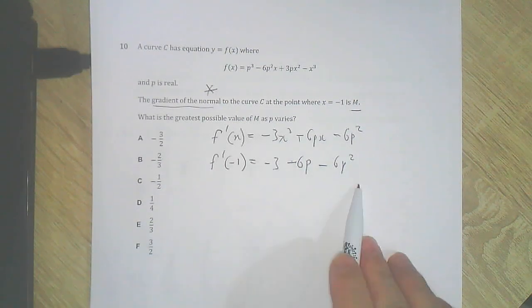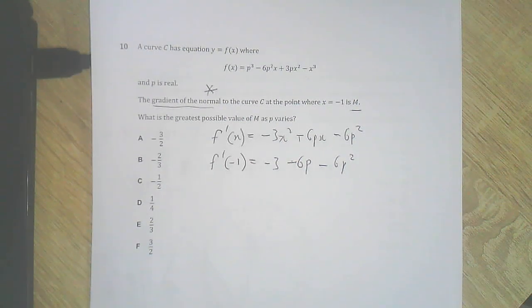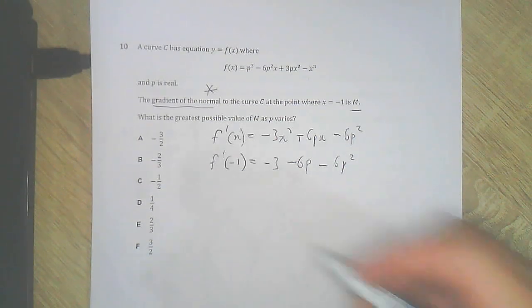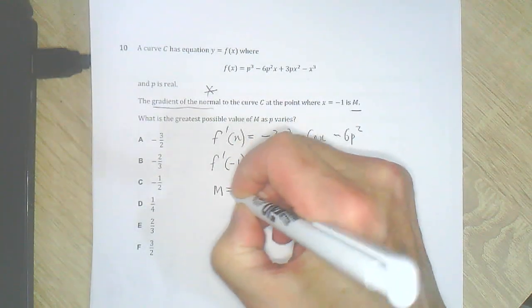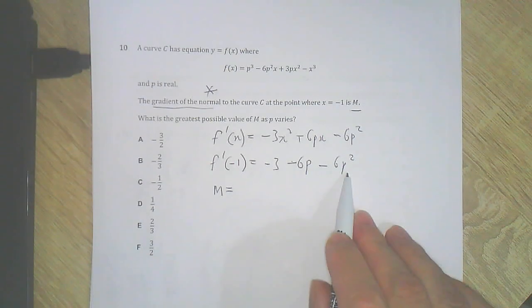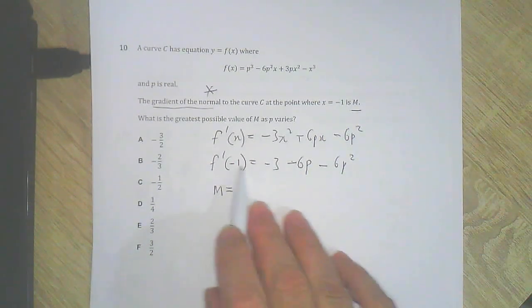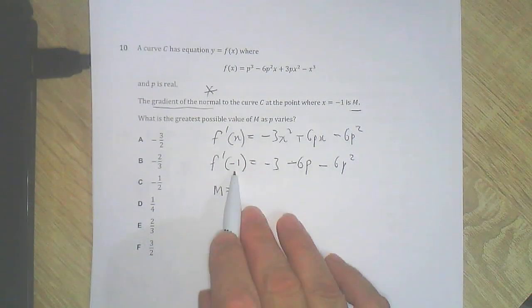So that's substituting in, we get that expression for f prime of minus 1. So our expression for the gradient will be this in terms of p, but this is the gradient of the tangent at the point minus 1.